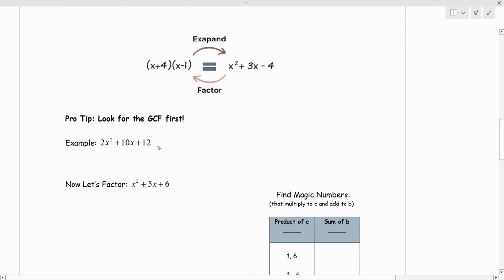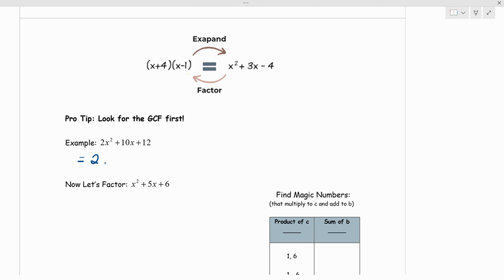Okay, before we dive into the first question of actually factoring a simple trinomial, I have to give you a pro tip. I want you to look for a common factor, your greatest common factor first, if it exists, because Danielle would always miss this and then mess up the answer. So here, if you look at this first example, I can actually pull out a common factor of 2 from all of these.